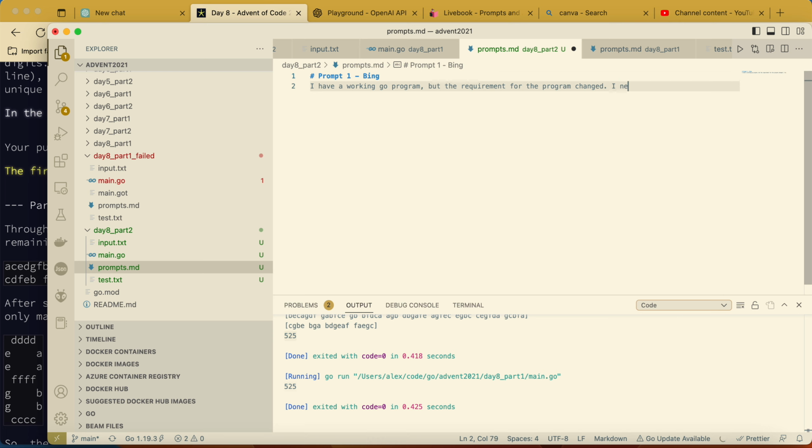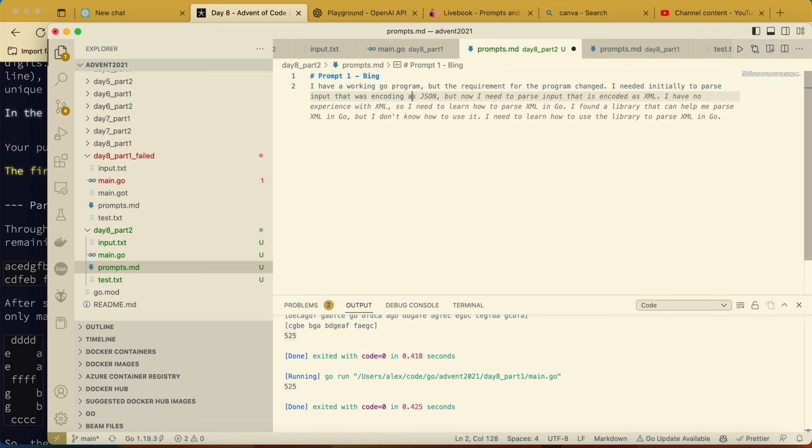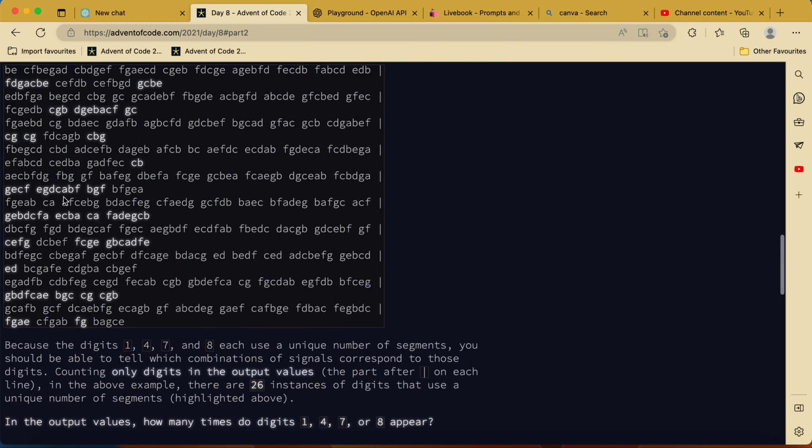I needed initially to parse input and try to count how many digits were encoding a specific way of having a digit as, how was that called, on 7-segment displays.